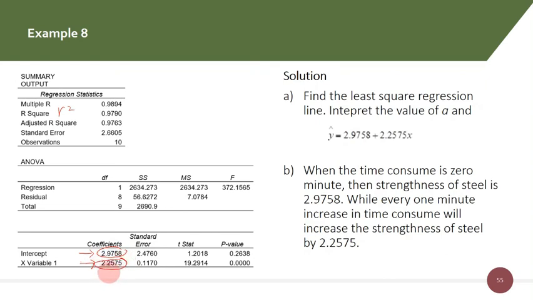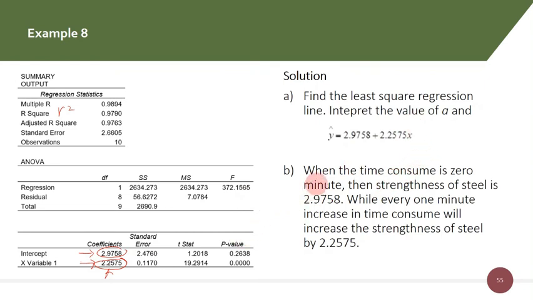So this is your slope, this is your intercept value. So you can find the least squares regression line from this summary output. Okay, so estimated y equals 2.9758 plus 2.2575x.